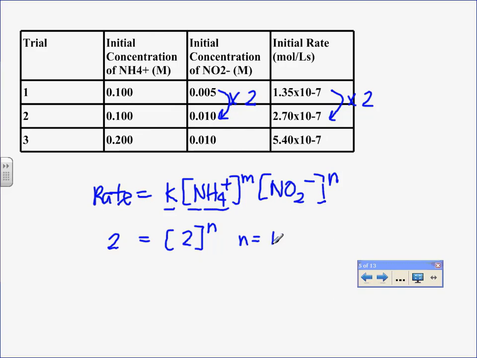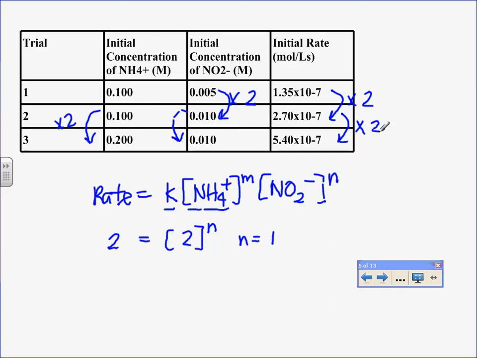To look at the impact that the concentration of NH4+ has on the rate, we need to compare a scenario where the concentration of NO2- is being held constant. So if we compare trial 2 to trial 3, you can see that the concentration of the NH4+ has been doubled and the rate of the reaction is also doubled.